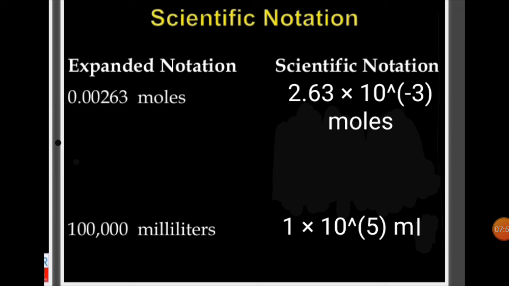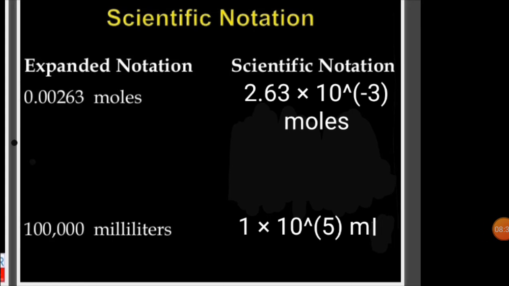Whenever you move the decimal towards the right side, the power will come in the form of 10 to the power minus, as 2.63 times 10 to the power minus 3 moles. It is the scientific notation of 0.00263 moles. Another example, the number is 100,000 milliliter, and the scientific notation is 1 times 10 to the power 5 milliliters. So this is called scientific notation.